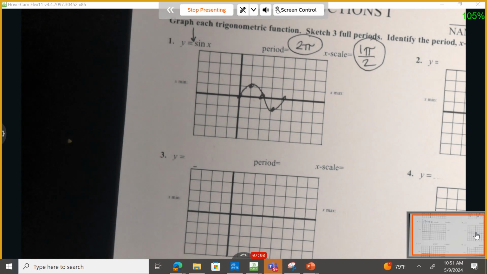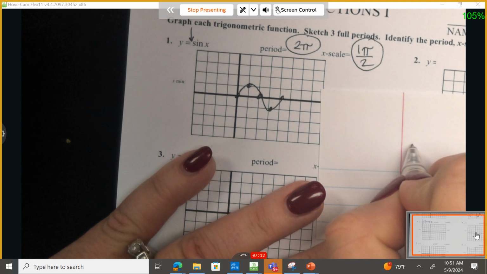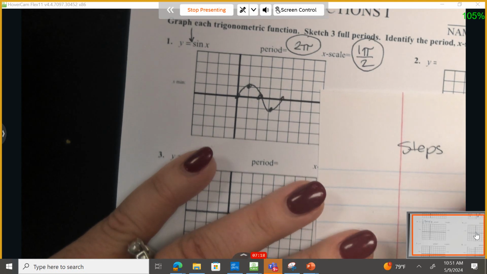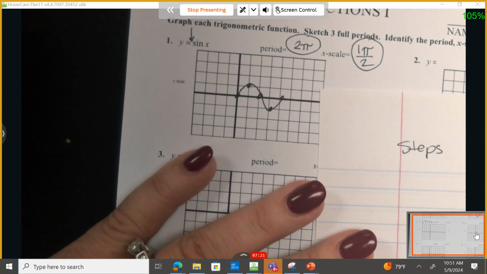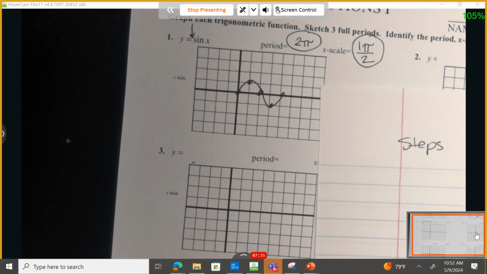Okay, you're going to grab this right now, and I'm going to teach you a shortcut. Please write down the steps: 1, leave space, 2, leave space, 3, and 4, and put a parenthesis behind each. So we're on step 3.